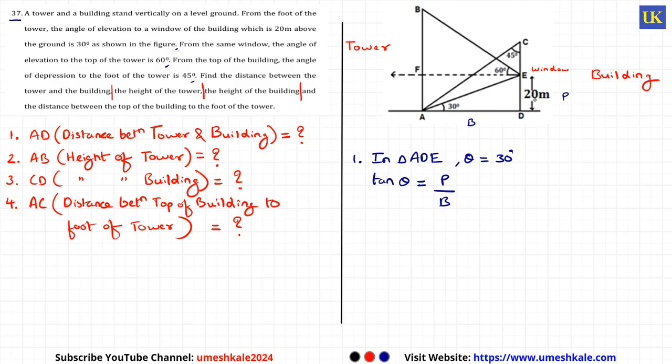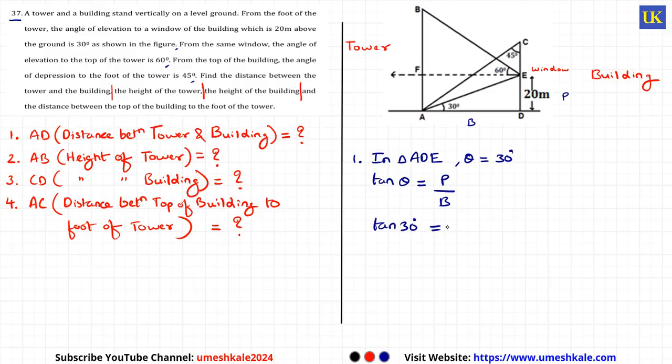So we know one side and we have to find the other side. So like that we need to take the ratio which has one known side and one unknown side, which we have to find out. So P and B we need, and P and B we have in tan. So tan theta is the formula we need to use. The theta angle is 30 degrees.